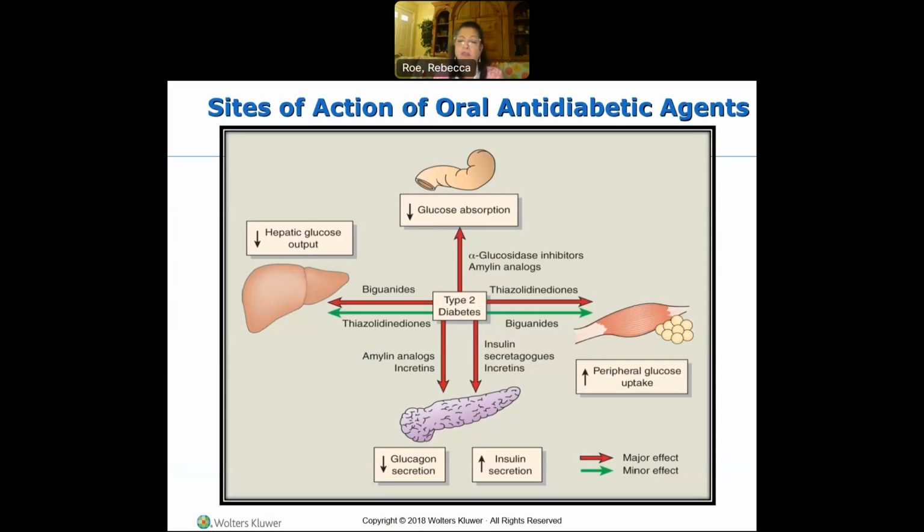I'm sorry, I'm massacring these names. And your biguanides work with your muscles. So just look at the major effect and minor effect with the red and the green arrows. And this is specific with your type 2 diabetic patients. And you can see just kind of how those things work. I thought this was pretty interesting.